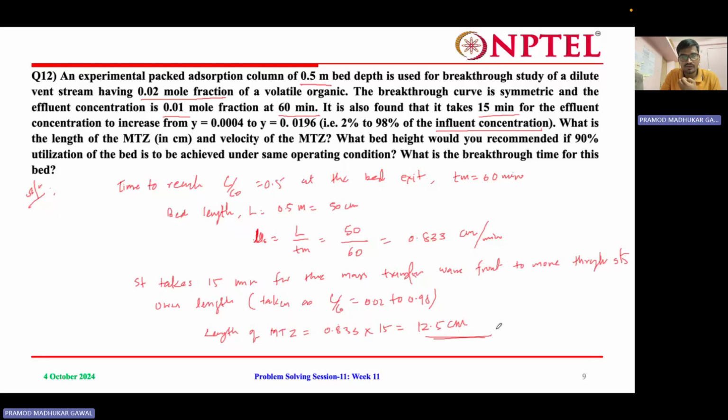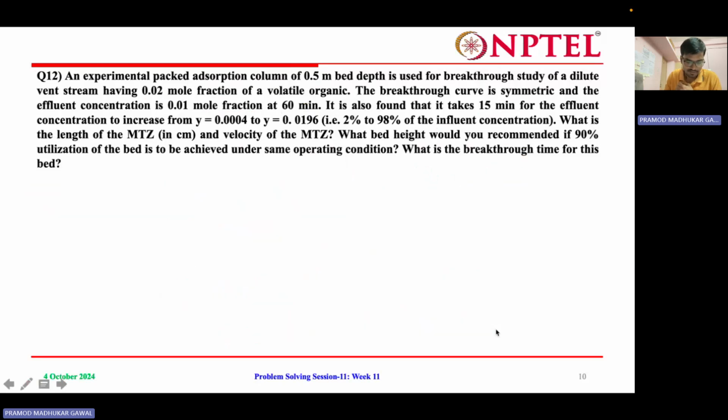Now we have to calculate the second part. What bed height would you recommend if 90% utilization of the bed is to be achieved under the same operating condition? And what is the breakthrough time for this bed?